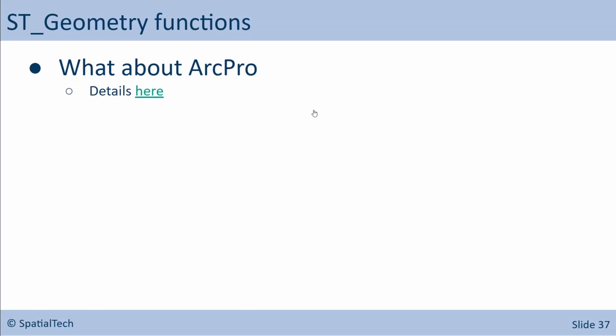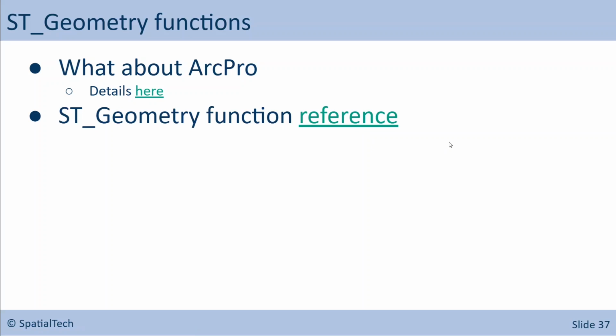So what about Pro? You can look at some of the details here, but in Pro you can make a new mobile geodatabase. You can put data in there, and then you can integrate this SD geometry shared object or DLL, and you can enable those tools to query the database using SQL statements.